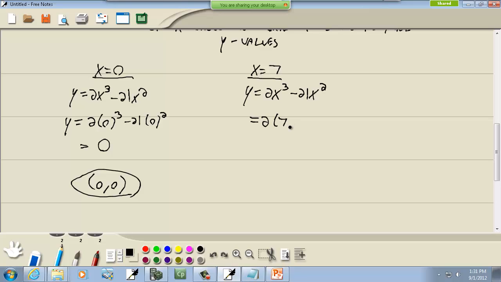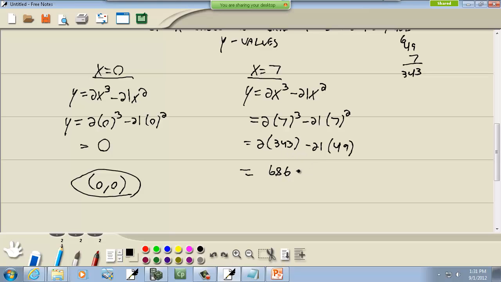So I got 2 times 7 to the third minus 21 times 7 squared, which gives us 343. So 2 times 343 minus 21 times 49. 686 minus, this would be assuming I can actually multiply, which is questionable at times. 1029.